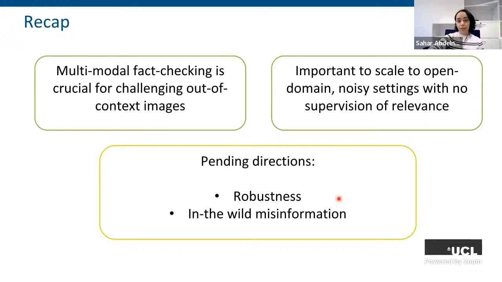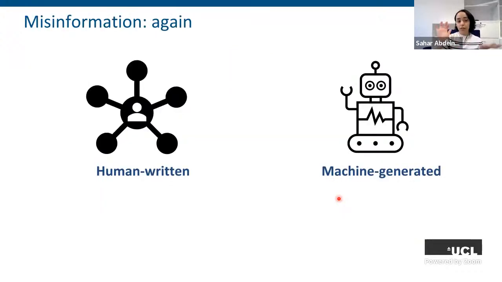Okay, so that was the first main part of my presentation, which is human written misinformation. Here we say human written because the images are real, and also we don't assume that the captions are generated or manipulated. However, according to this categorization, we also have a machine generated type, which is machine generated misinformation.